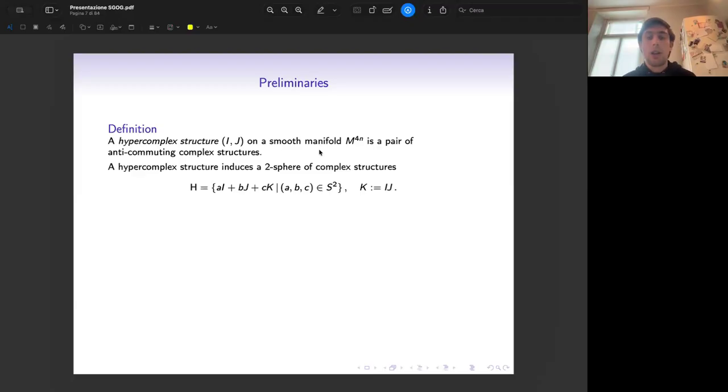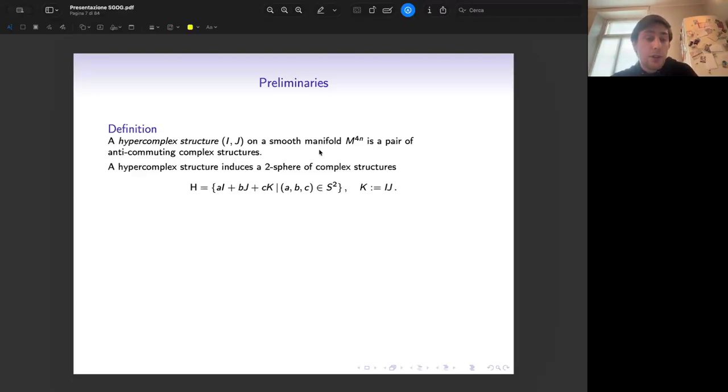So from time to time, I will refer to the hypercomplex structure as H, as the whole two-sphere, or rather fixing a basis for H of anti-commuting complex structures I and J.